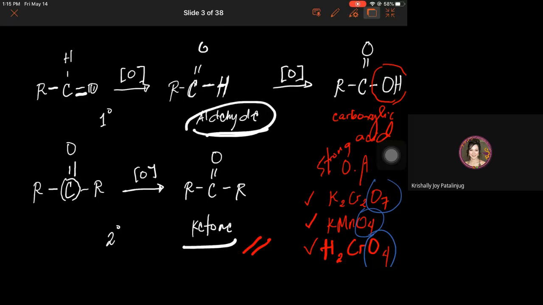Another question to reinforce: among the three classes of alcohols, primary, secondary, tertiary, which one cannot proceed to oxidation? Very good, tertiary. Only tertiary alcohol cannot be oxidized because there is no available hydrogen on the carbon carrying the OH group.